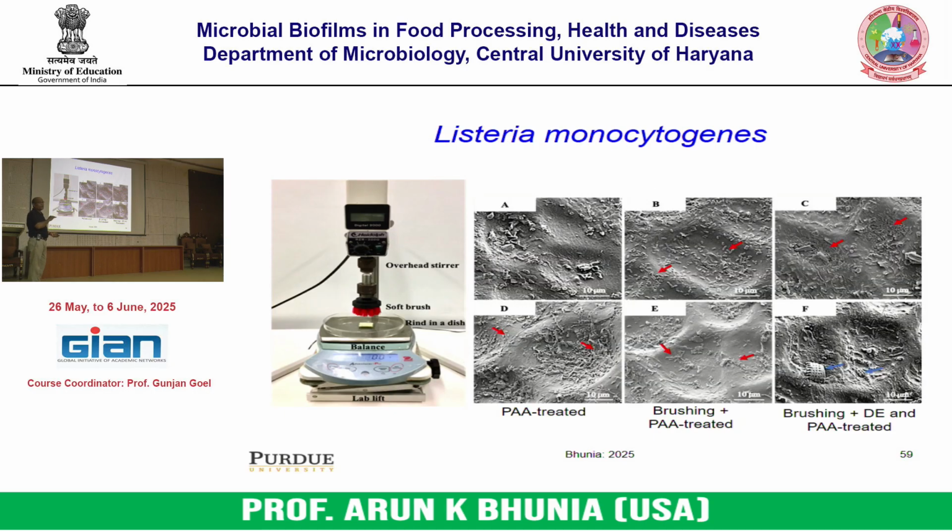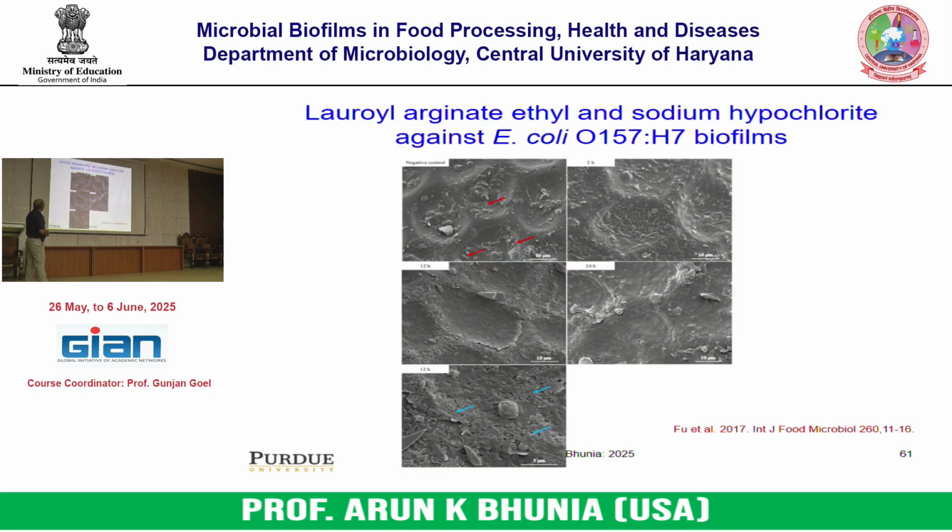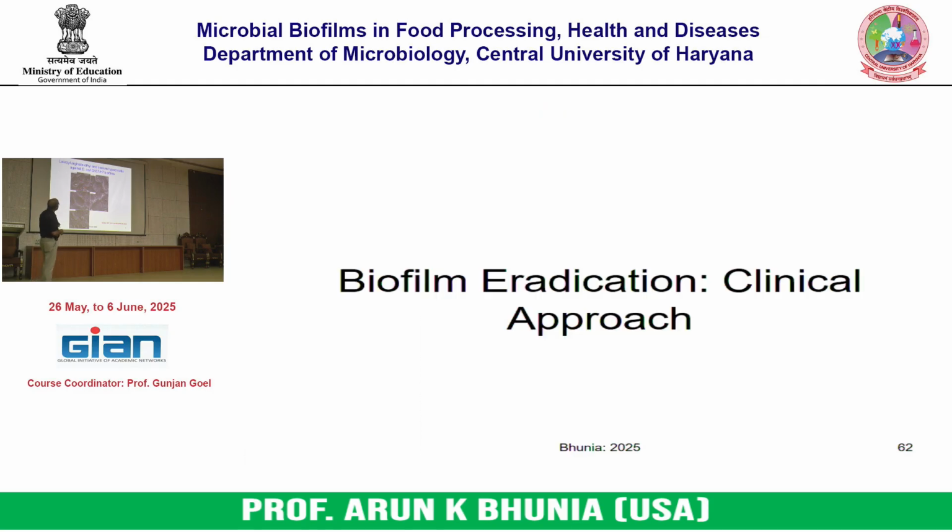So they were effective against the biofilm. If you have it, you have to physically break it down and then apply your antimicrobials, and that can effectively remove the biofilm. Their studies showed that you can effectively remove this biofilm structure. So these are some of those fascinating technologies or approaches that can help remove these biofilms on produce surfaces.